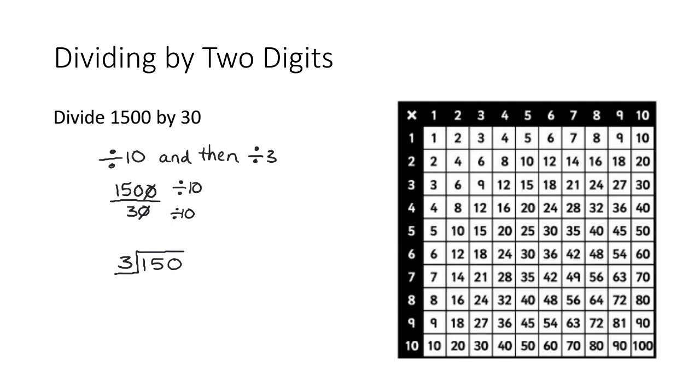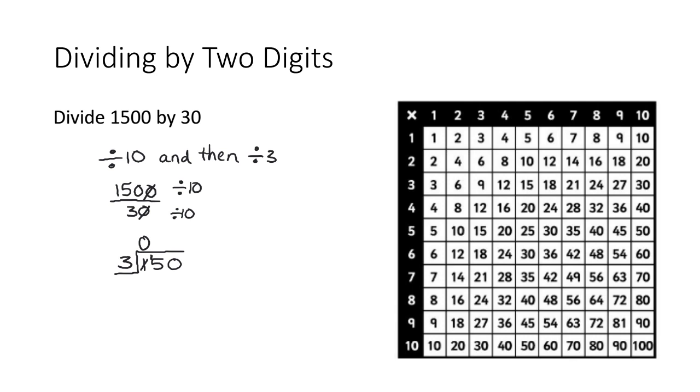How many times does 3 go into 1? It doesn't, so I'm going to put a 0 at the top there. I'm going to cancel that 1 and I'm going to carry it over. How many times does 3 go into 15?